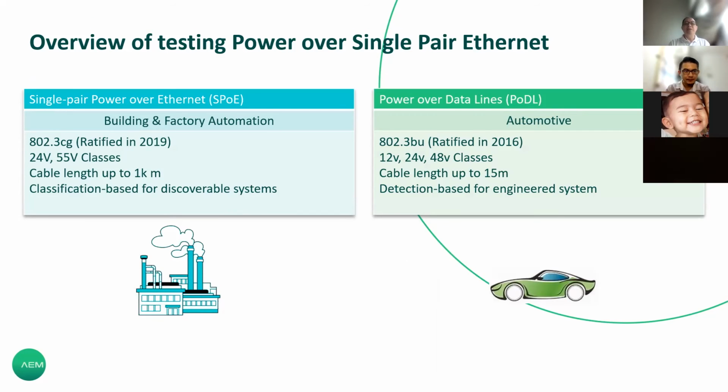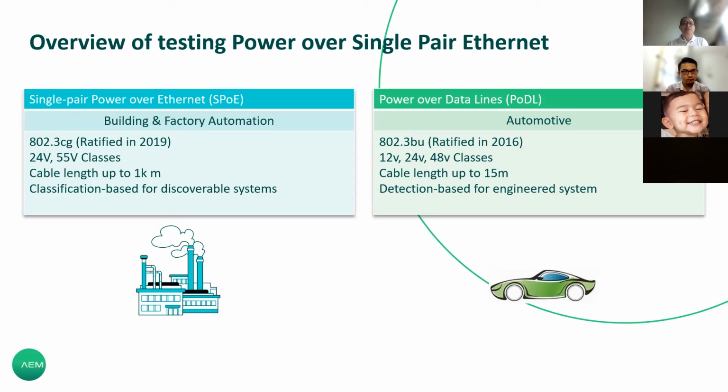Testing PoE over single pair Ethernet, as I said, there is a lot of development now. Currently, single pair Ethernet is mainly used in building or factory automation. Then there is single pair Ethernet for automotive, which we are already working on with some companies, for example GM, or wire harnessing companies making single pair Ethernet for automotive.